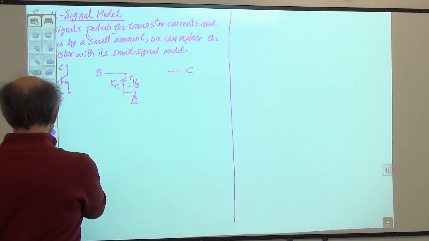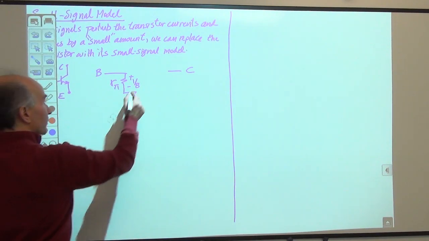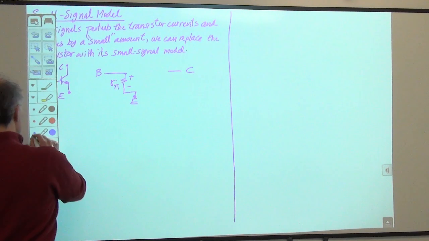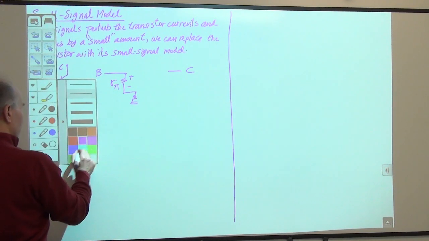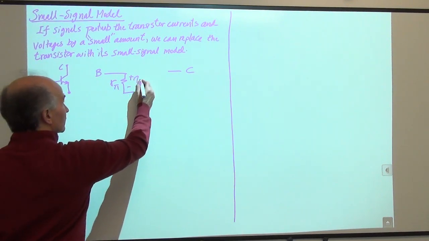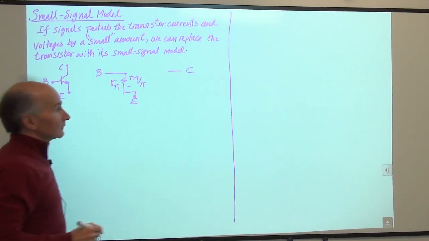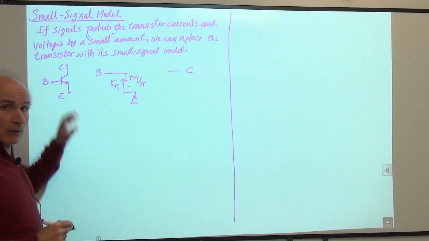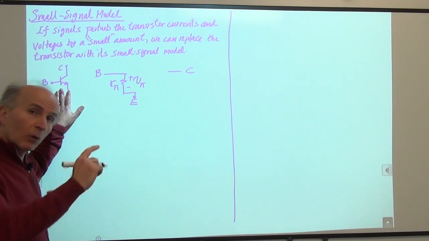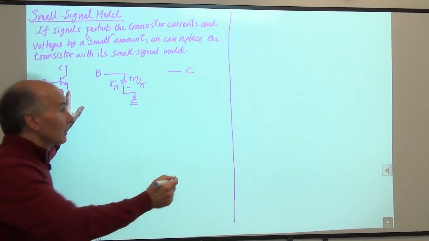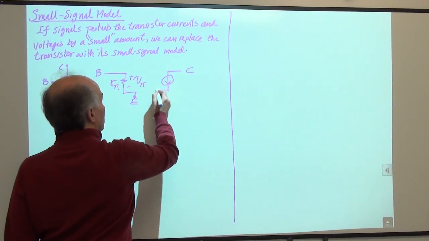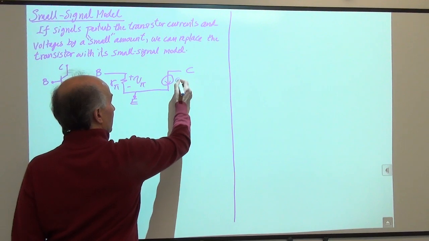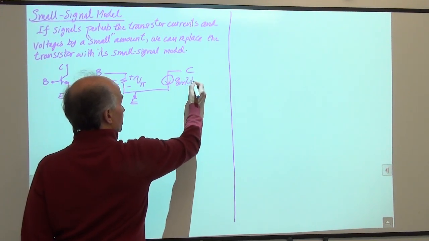Actually we call it V pi in bipolar devices. So we call that V pi. Okay, and remember the transistor is always a voltage dependent current source. So we have a current source here going to the emitter, and the value of this is now Gm times V pi.